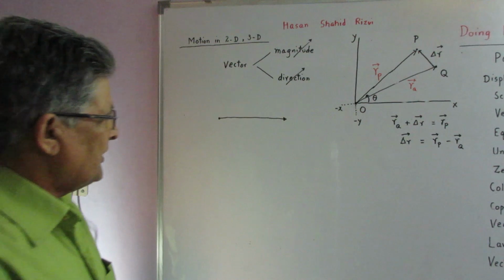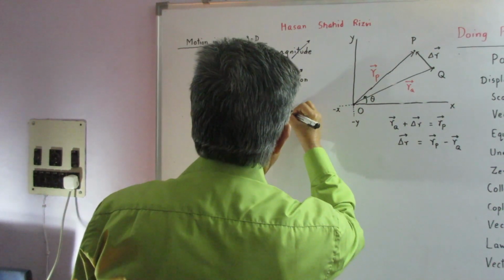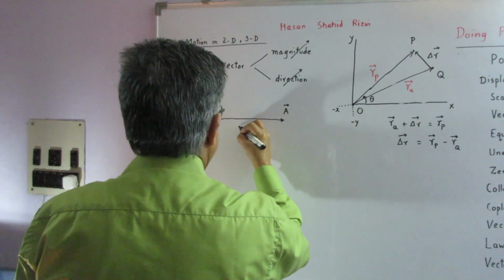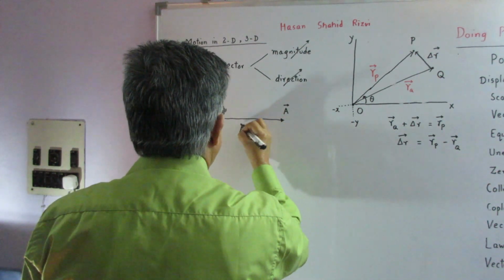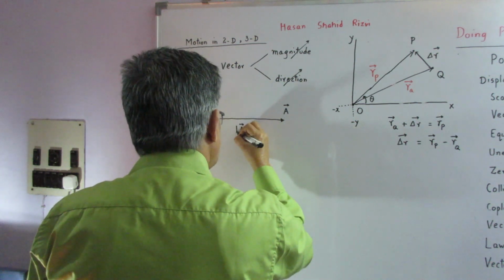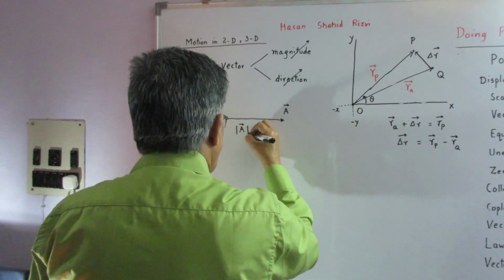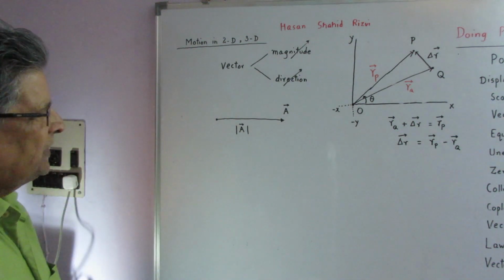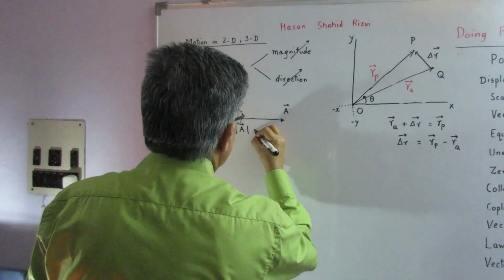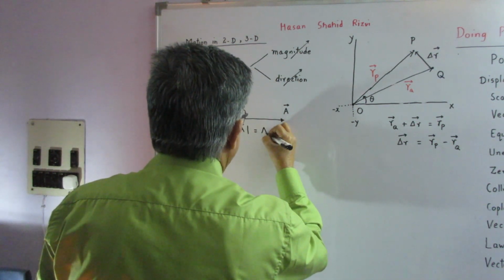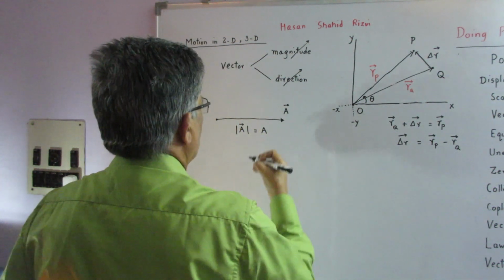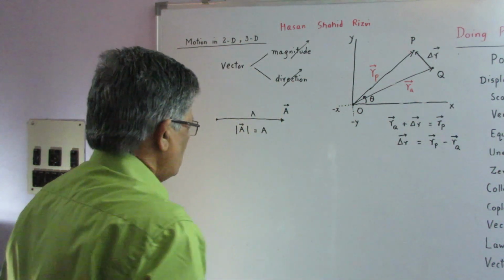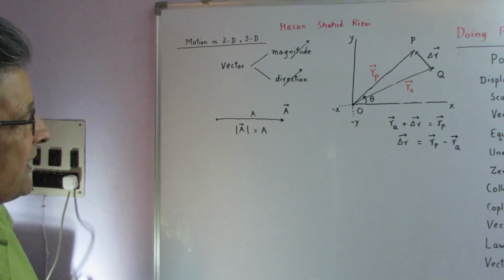Suppose I call this vector A, which has a magnitude A, and I show the magnitude with the help of two parallel lines like this, and it's easy to say that this is equal to A. So this is A, the magnitude of the vector.